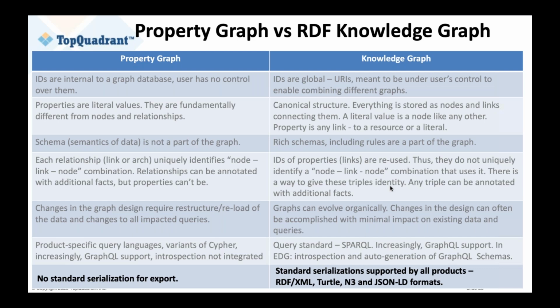With property graphs, there are ways to export the data, of course, but there is no standard format to export or import. It becomes implementation specific. In the case of Neo4j, they do offer you a way to import RDF into their environment.